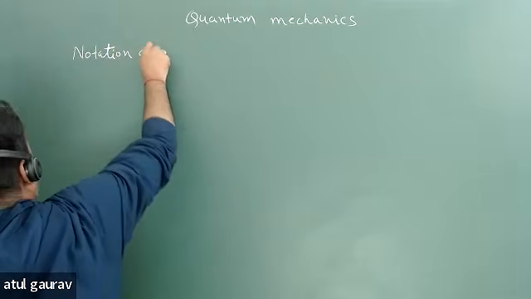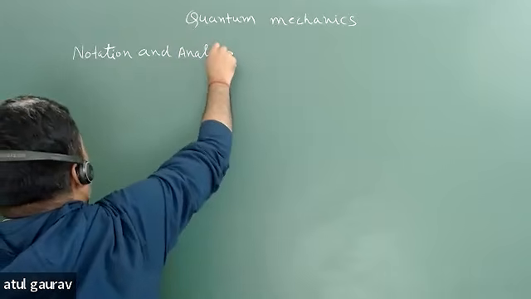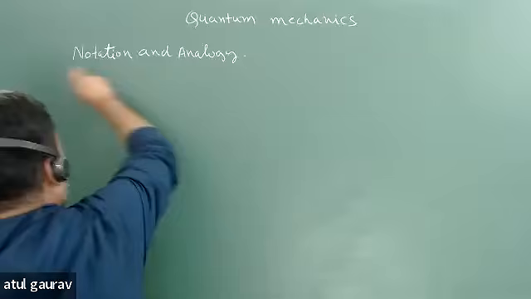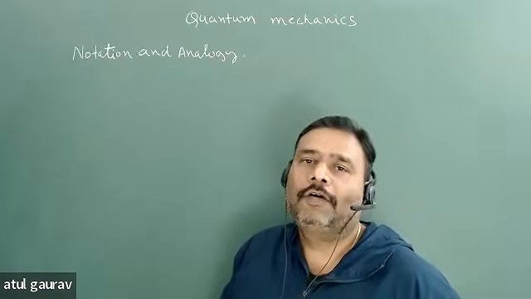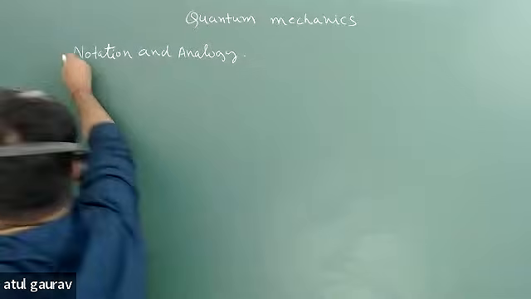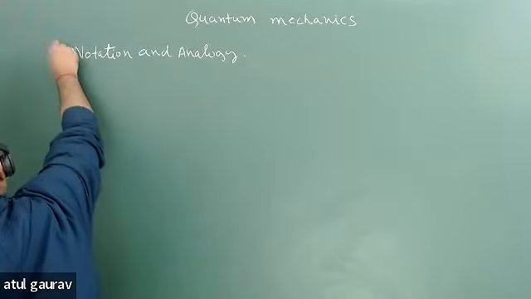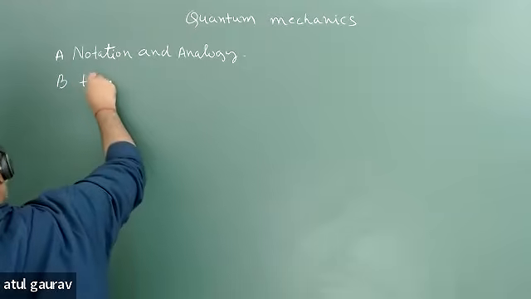Notation and analogy. For the first time I am going to introduce this notation and analogy. Then I will go for the tools of quantum mechanics. So this is my first part, A. Then we will go for tools of quantum mechanics.